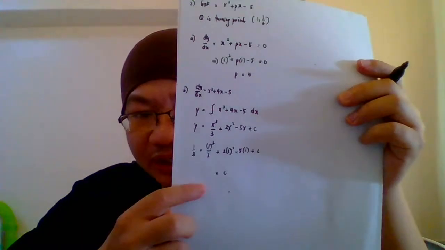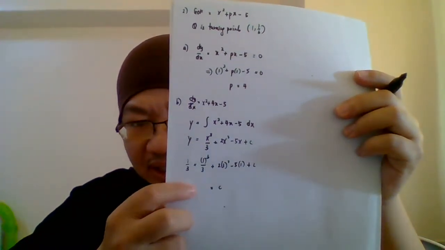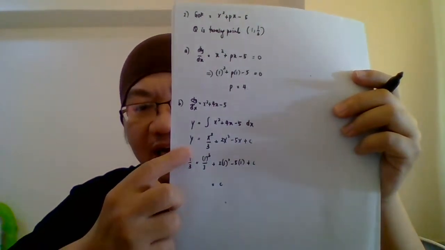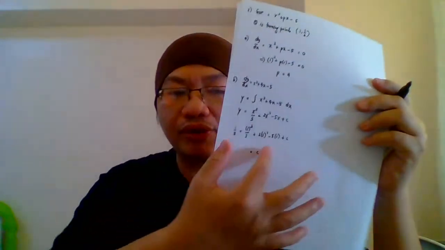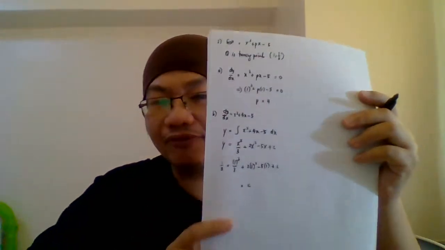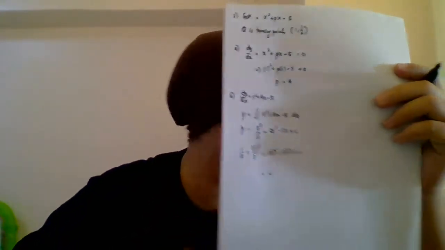Okay, someone calculate for me, tell me how much your value c here. Okay, after you get the value c here, you need to update your equation. So you need to rewrite again your equation, okay, with the value of c. Okay, that will be the end of question B.